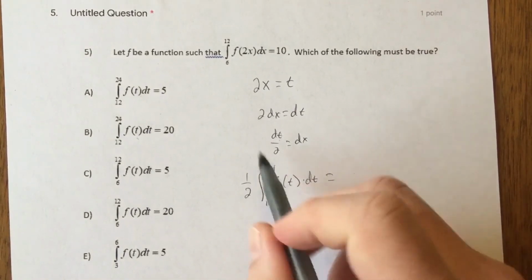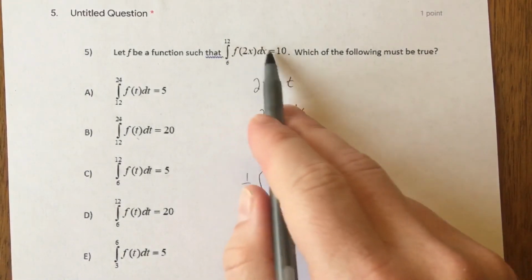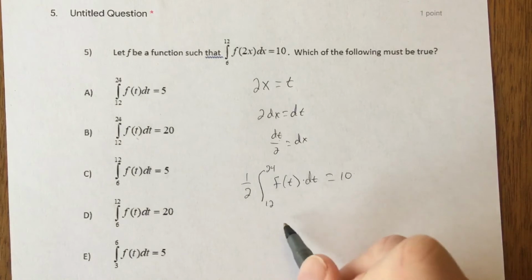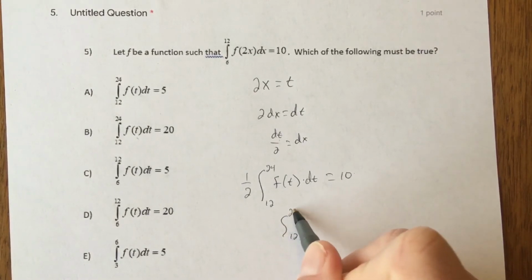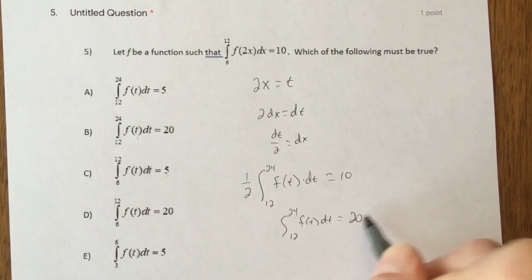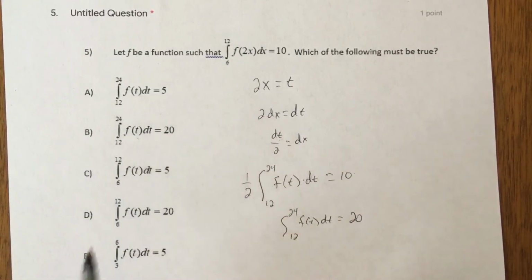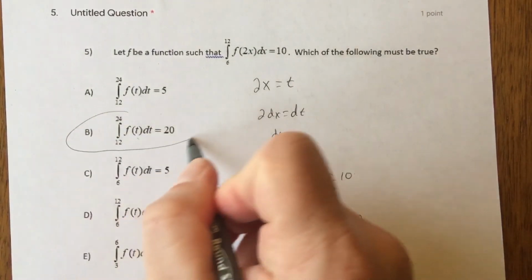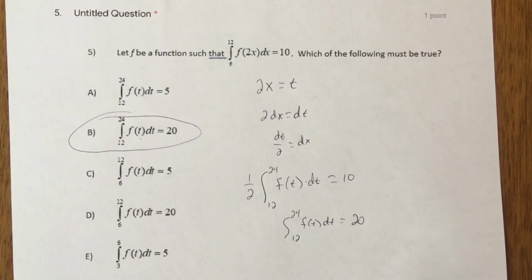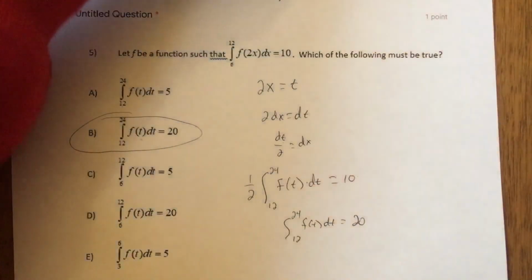So this is a rewrite of that, and that was equal to 10. So I'll put that equal to 10. And if I multiply by 2, I get the integral from 12 to 24 of f of t dt equals 20. And if I look at my options, that's option B. All right, so it's a U sub, just a little different way to ask the question.